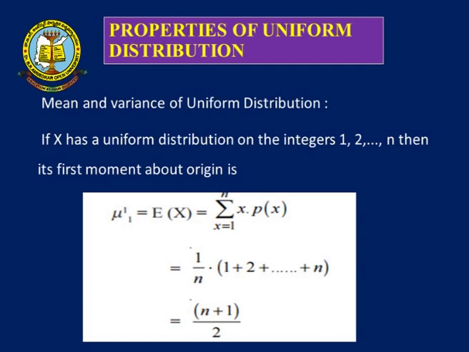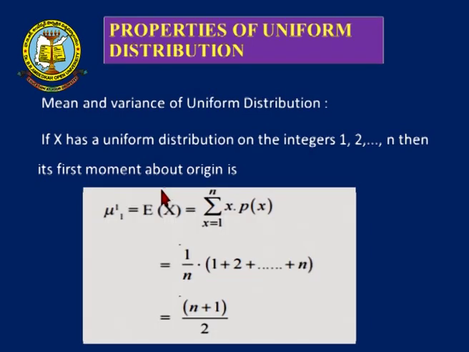If X has a uniform distribution on the integers, taking the values 1, 2, 3 and so on up to n, then its first moment about origin is mu1 dash, which is equal to expectation of X, sum over x equal to 1 to n of x into P of x, where P of x is the probability mass function of uniform distribution, P of x is equal to 1 by n.